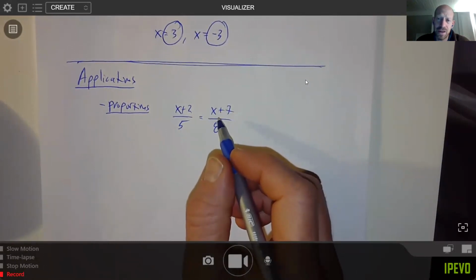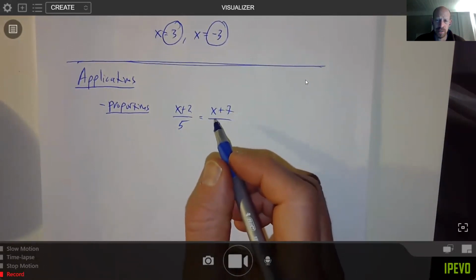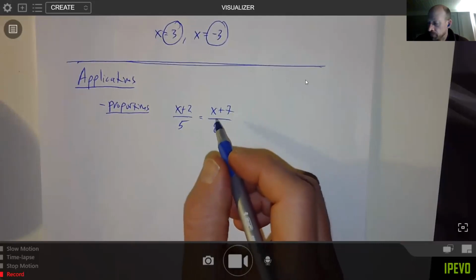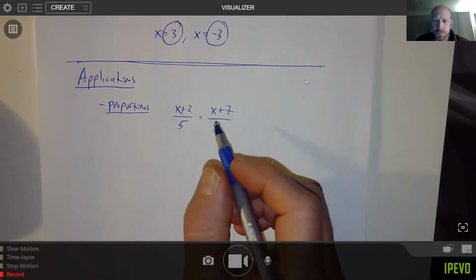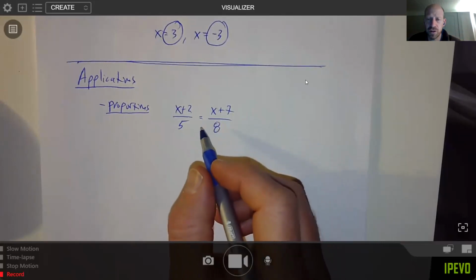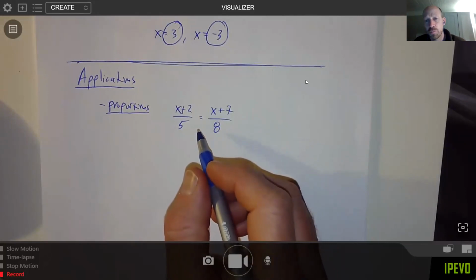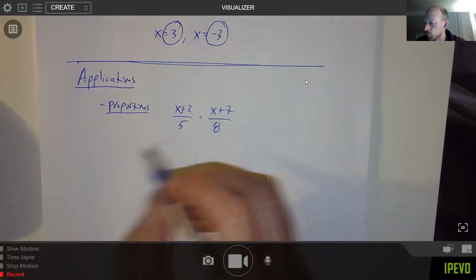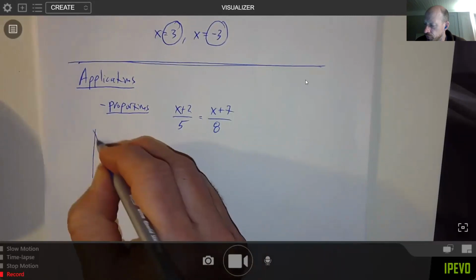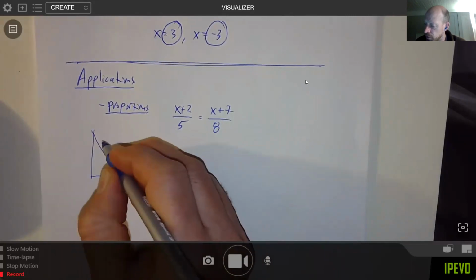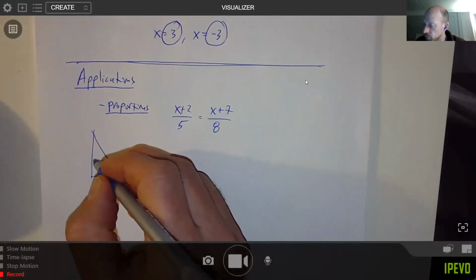Now, again, this is not really an application problem. There's no sort of real world situation here, but a lot of real world situations do lead to proportions. So an example that you'll see in the homework quite a bit are these similar triangles.